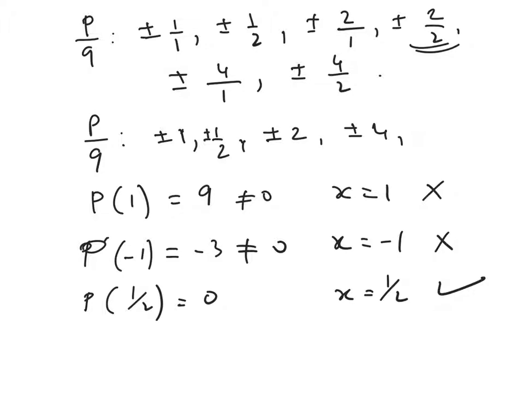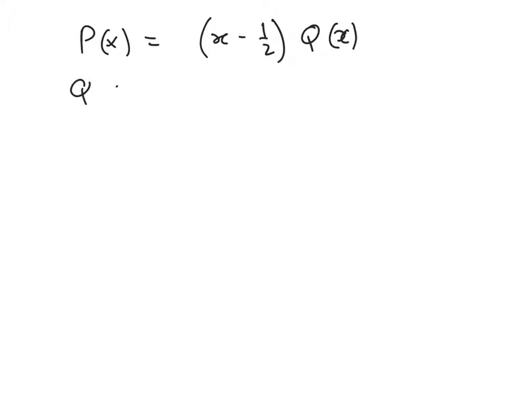Since x equal to 1/2 is a zero of the polynomial, x minus 1/2 is a factor of p of x, and therefore p of x may be written as x minus 1/2 multiplied by a certain polynomial q of x. Now q of x can be found by dividing p of x by x minus 1/2.